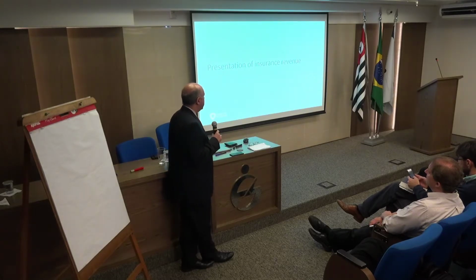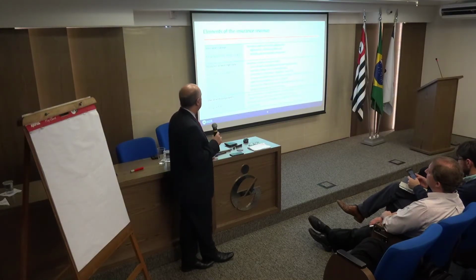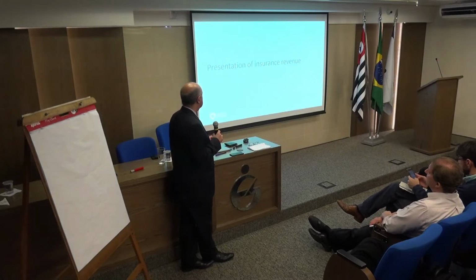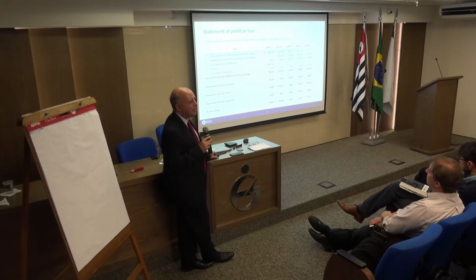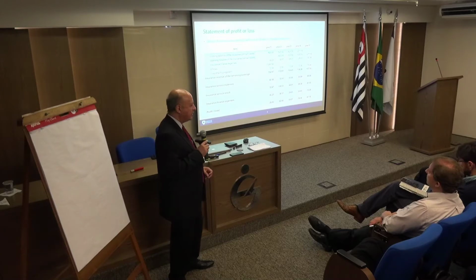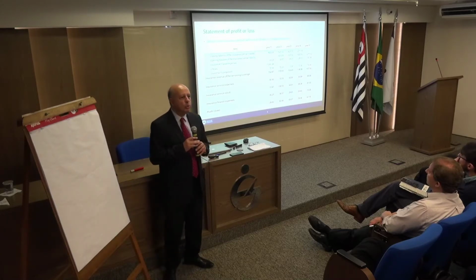Now, insurance revenue. Okay, so insurance revenue, I go back. Insurance revenue is this part, okay. So this is the insurance revenue. And we're going to talk about these elements. Okay. Now, before going to the text, let's look at this intuitively.